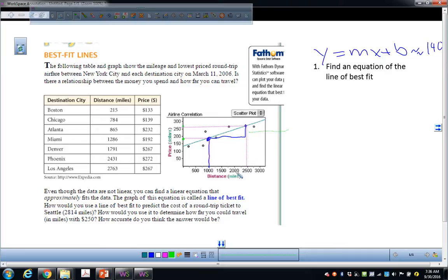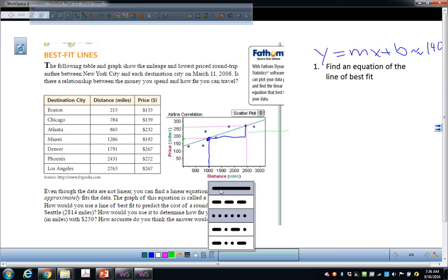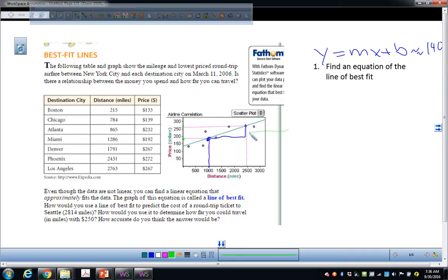What's the difference between 180 and 260? What's the change in y? About 80. What's the change in x from 1,000 to about 2,500? About 1,500. You could reduce this to 8 over 150.